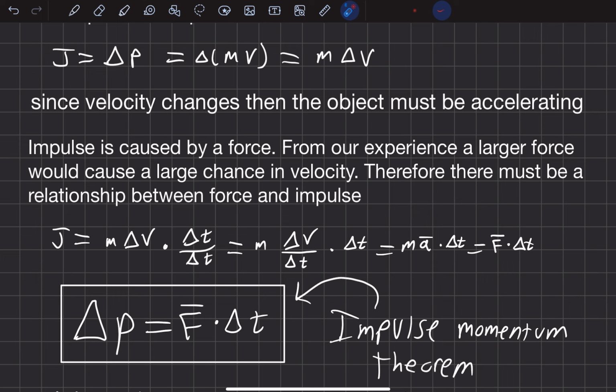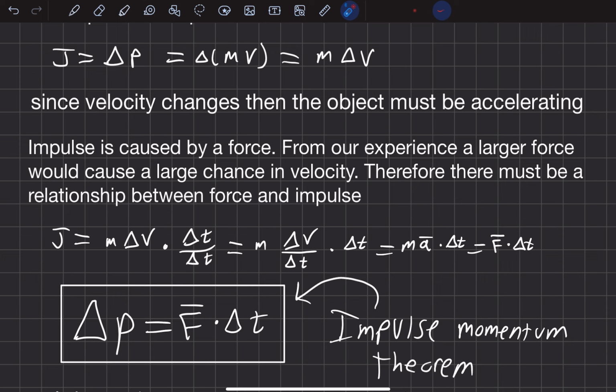That's the definition of acceleration: a change in velocity over time, or the rate of change of velocity. If velocity doesn't change, then the value for acceleration can be 0. So if an object is accelerating, then we know from Newton's first law that it must be experiencing a net external force. So impulse is caused by a force.